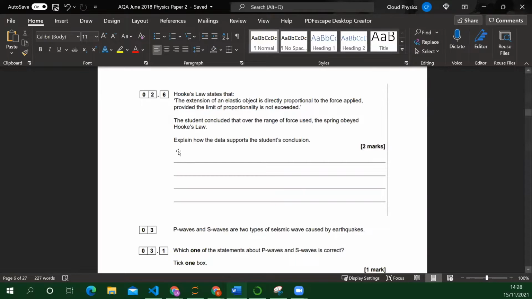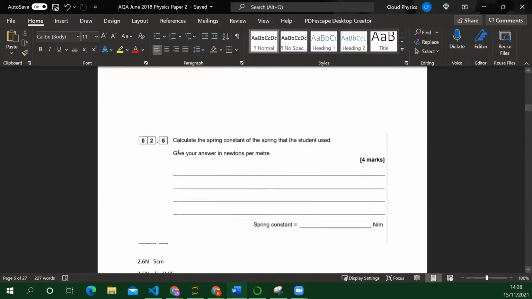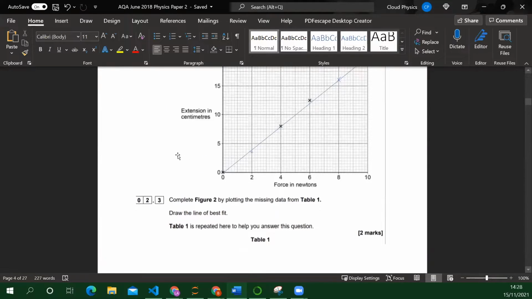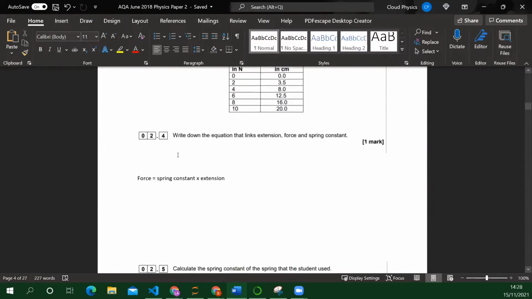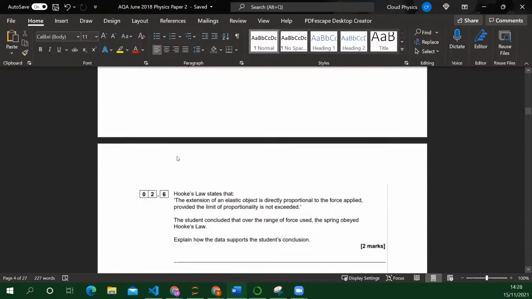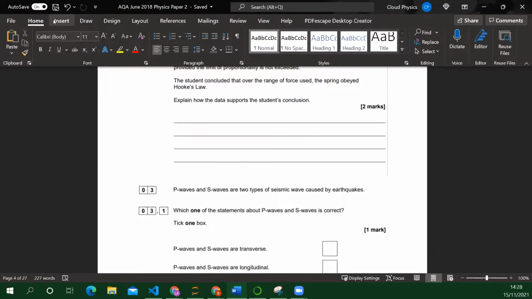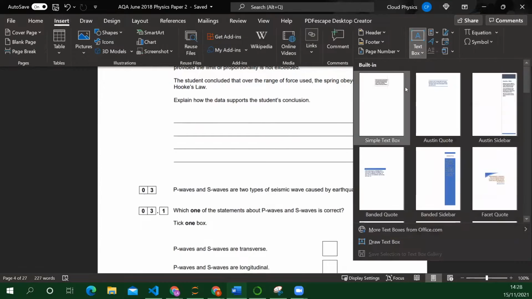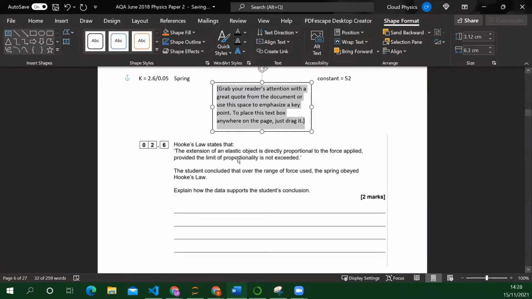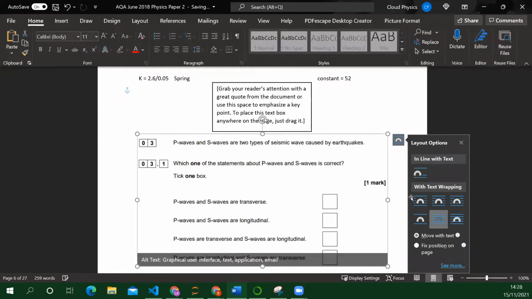Explain how the data supports the student's conclusion. So our graph was very linear, so it's a straight line, and a straight line indicates a directly proportional relationship. So let's put that in.